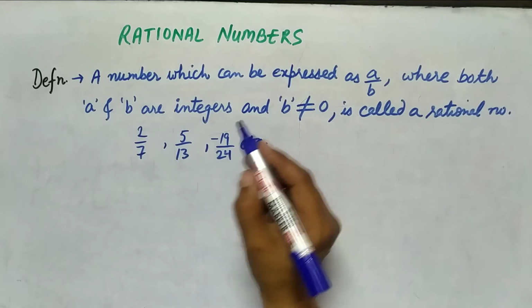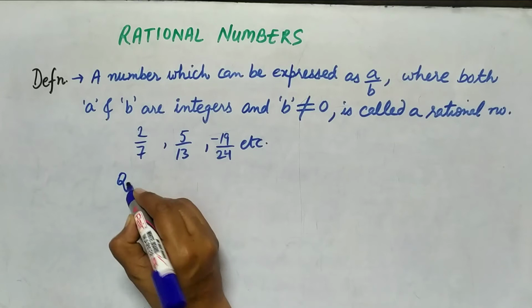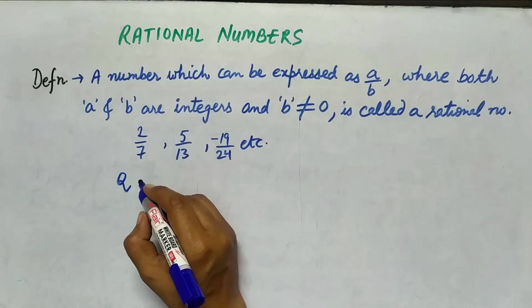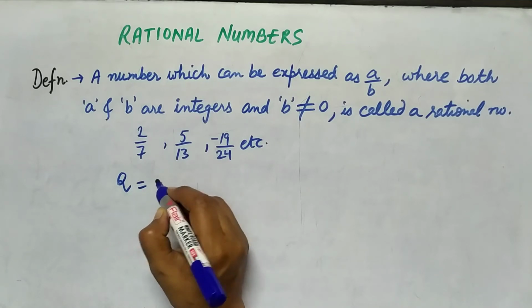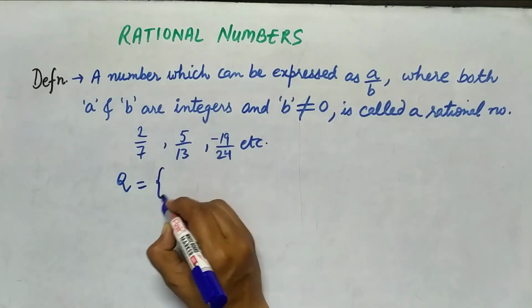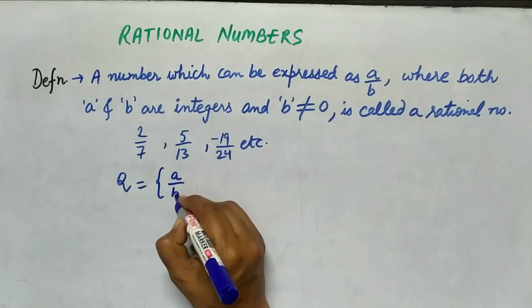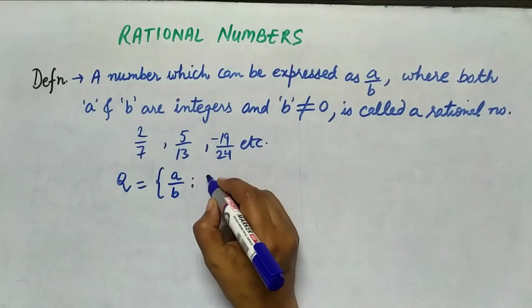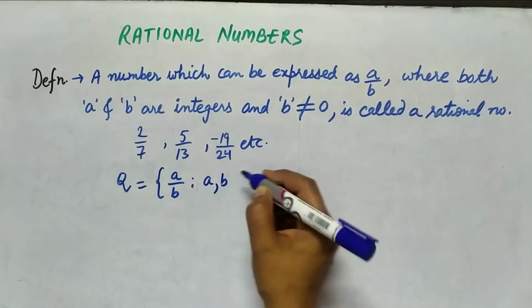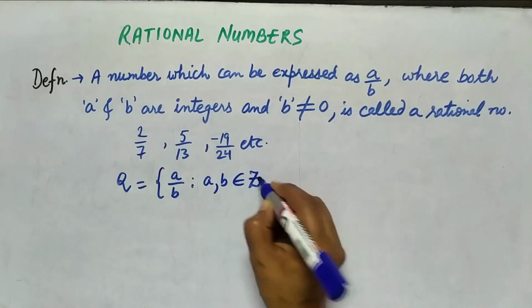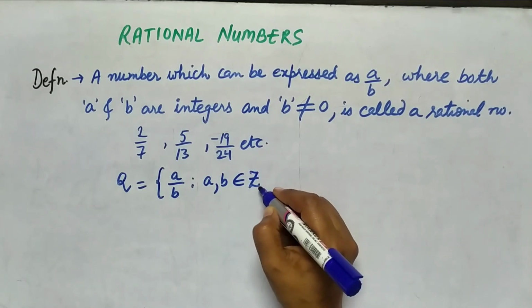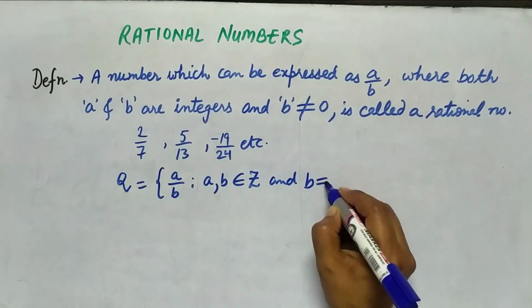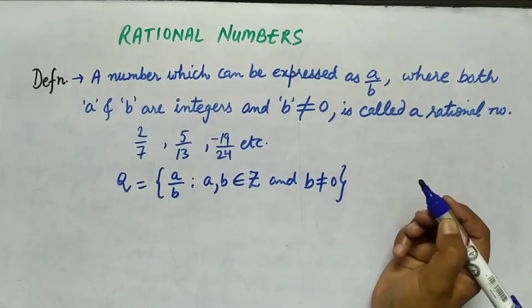These are all rational numbers where A and B are integers and the denominator should not be equal to 0. Rational numbers, as we have done just now, are represented by capital letter Q. So we write Q is equal to the collection of all the numbers of the form A upon B, such that A and B are both integers, belong to the set of integers, and the important condition is that the denominator is not equal to 0.